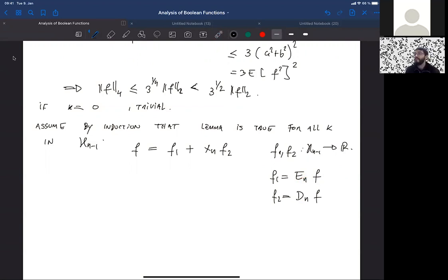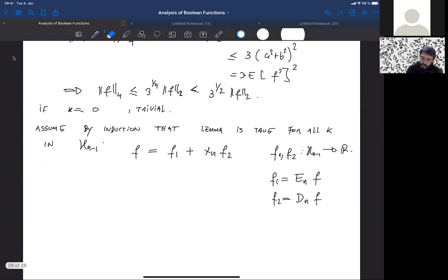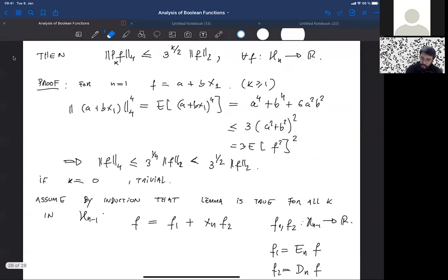You can see the definitions of this in the first lecture. Fine, so we can always do that. One thing we can always assume is that since we're dealing with projections, f itself has degree k, so the projection of it is just equal to itself. So maybe we should write that here.